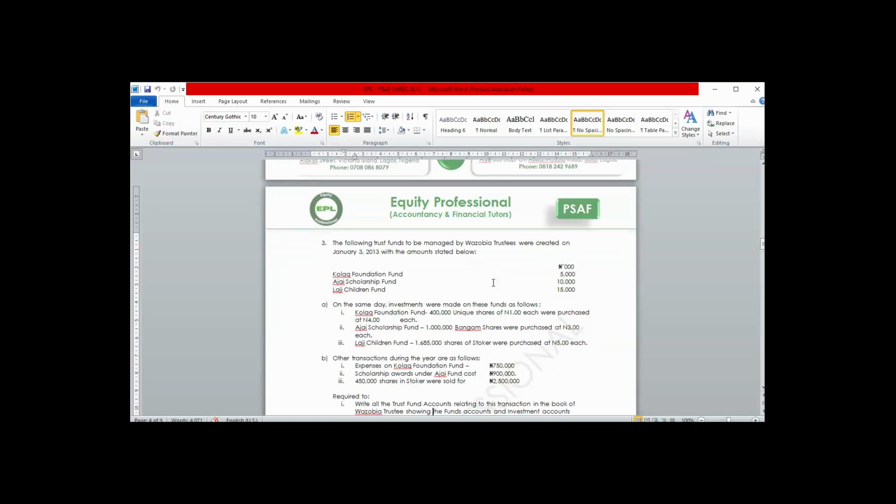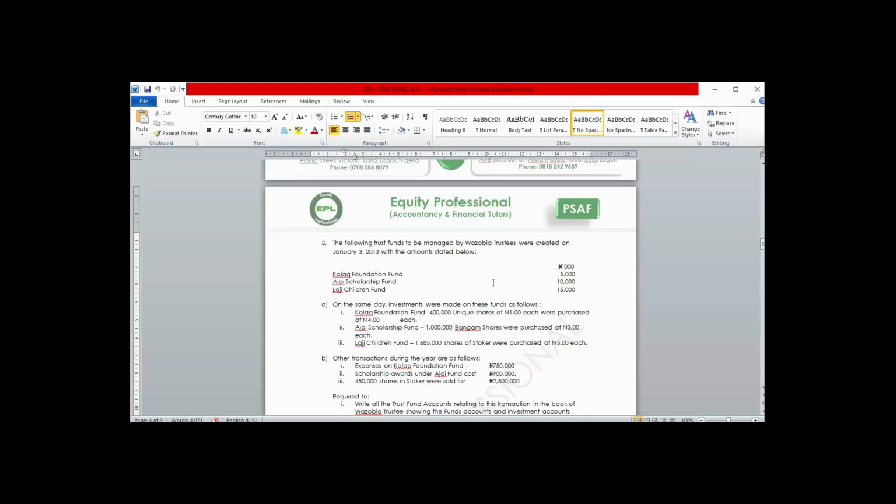Then we have Roman figure 3, 450,000 shares in Stocker were sold for 2,500,000. Required: write all the trustee accounts relating to this transaction in the books of Wazobia Trustee, showing the fund account and investments separately.